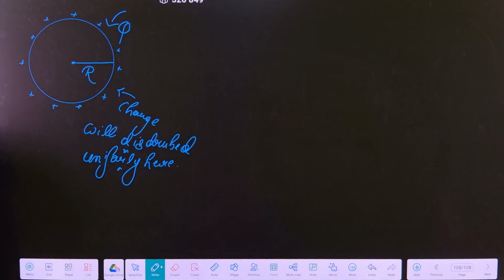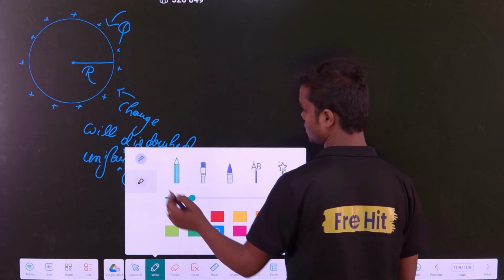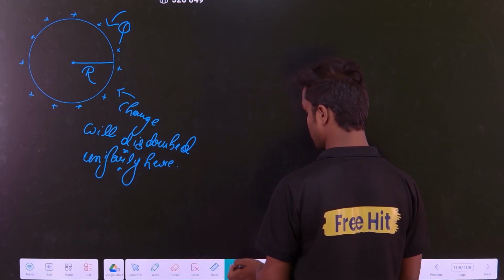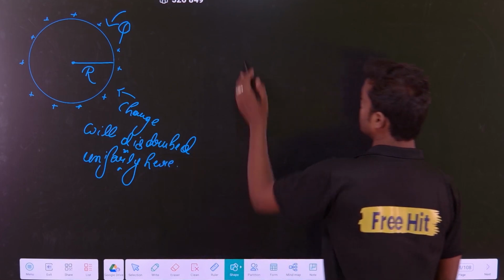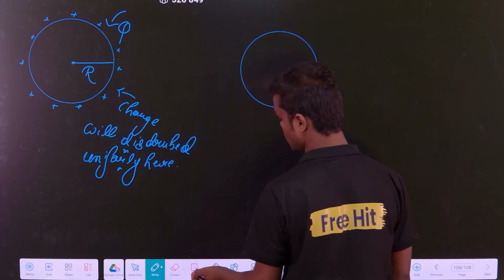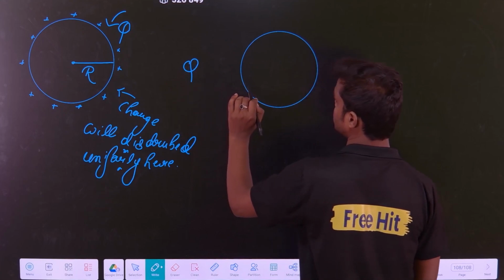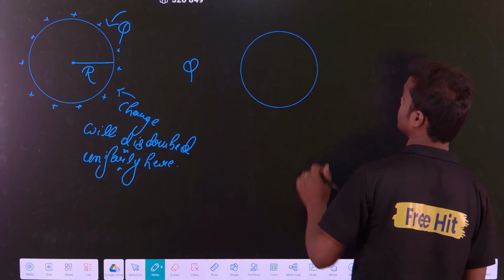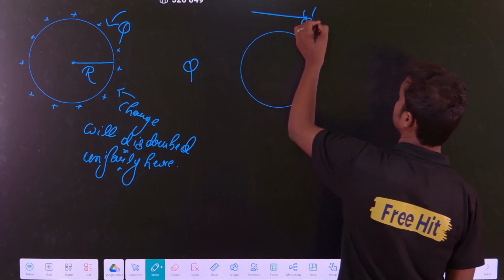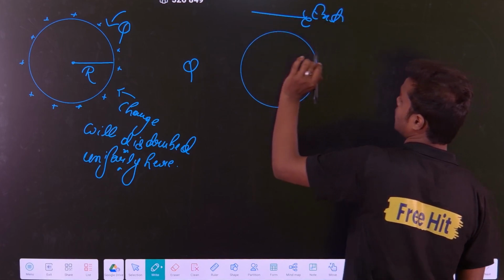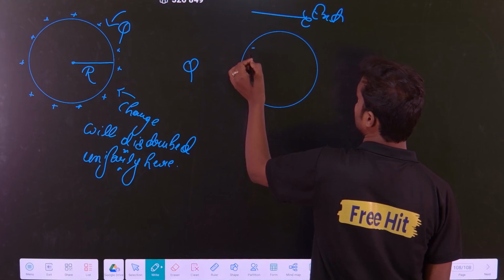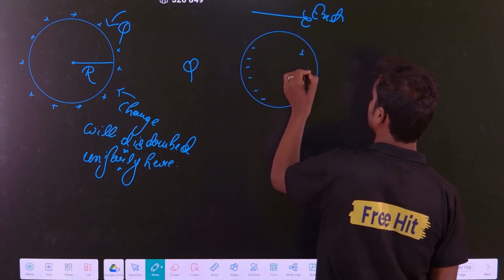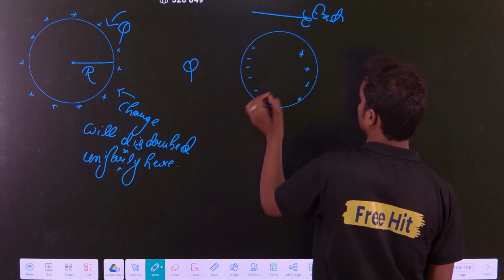Let me see if any properties are left. One more thing. It's not a property, but just for my sake I am telling you. Suppose there is some charge and an external electric field E external also there, and obviously there will be induced charge.